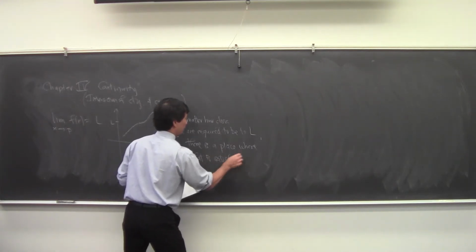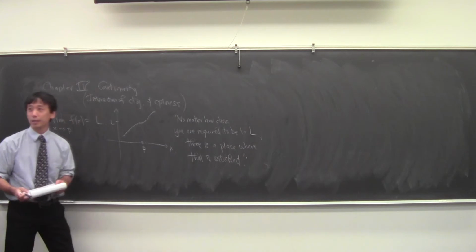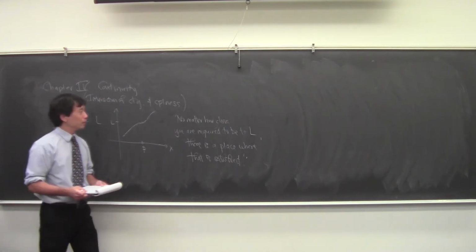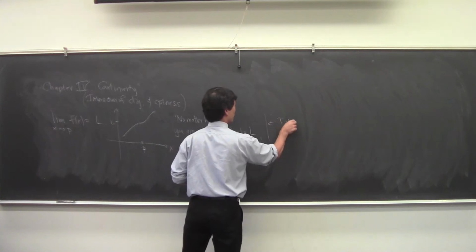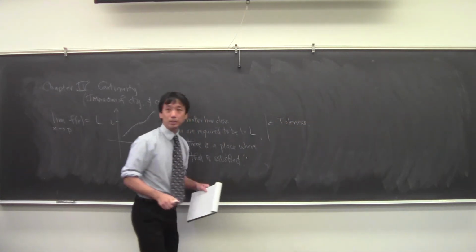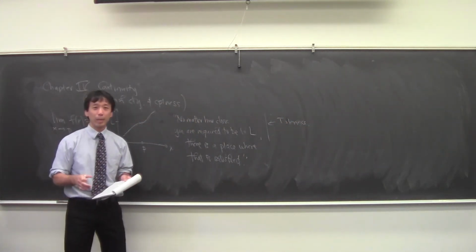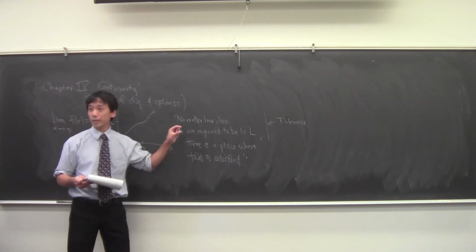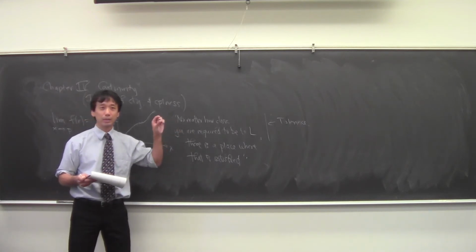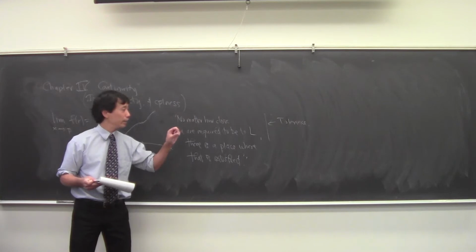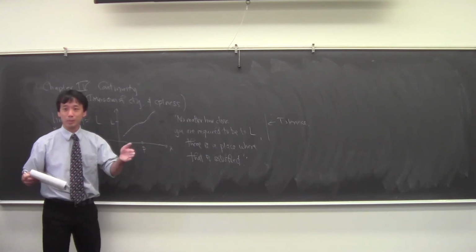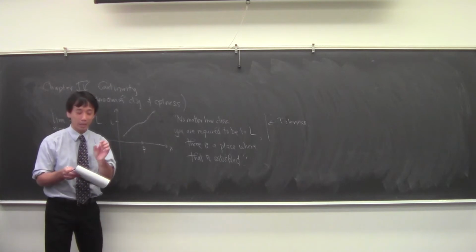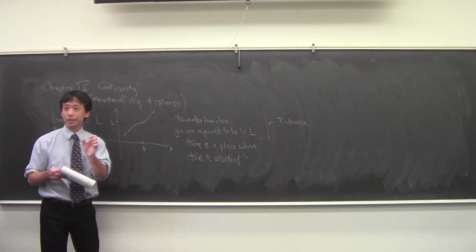You want to think of this as a tolerance condition. No matter how tight the tolerance required, there's a place where that tolerance is satisfied. Tolerance in a machining sense: you have to be within a certain precision.